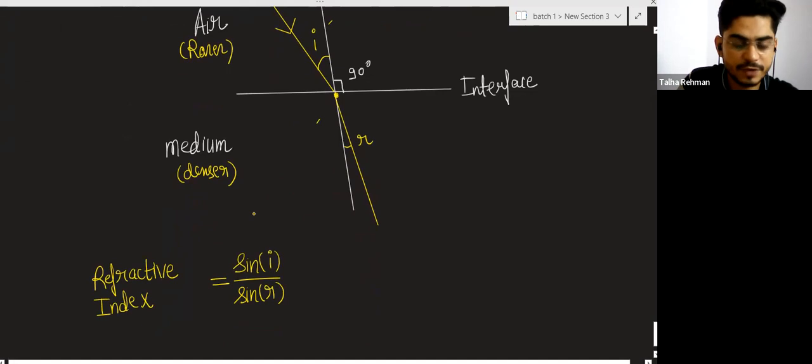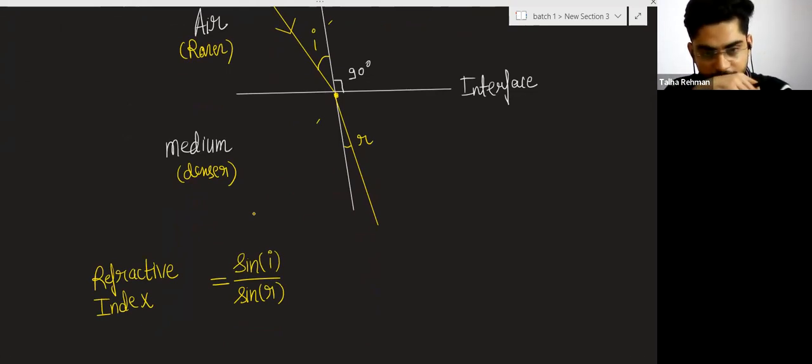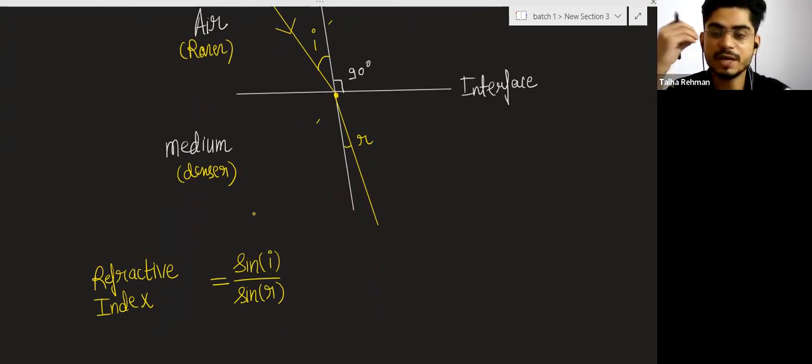This is known as the refractive index. But it is a must that the light ray is coming from air.